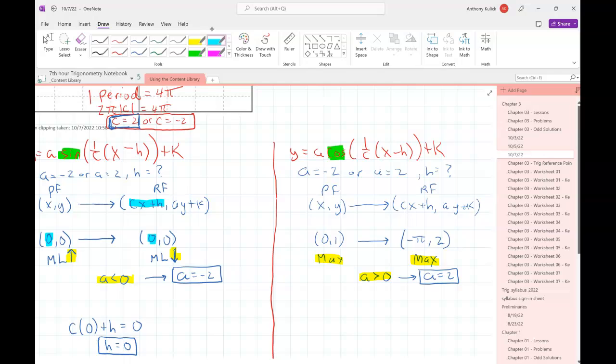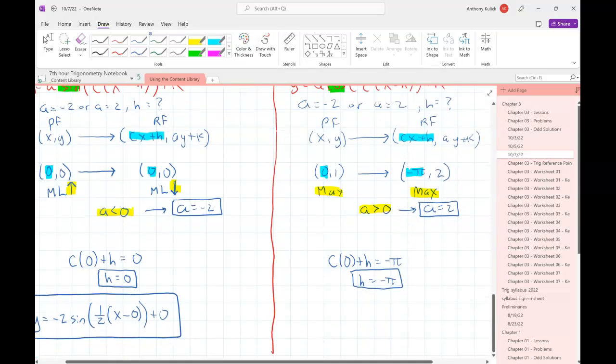And just like before, to find my value for H now, I'm going to take the x-coordinate from the parent function, plug that into my transformation map, and that has to equal the x-coordinate from the transformed function. C times 0 is 0. 0 plus h is h. So I end up with just h is equal to negative pi. And there's everything I need.